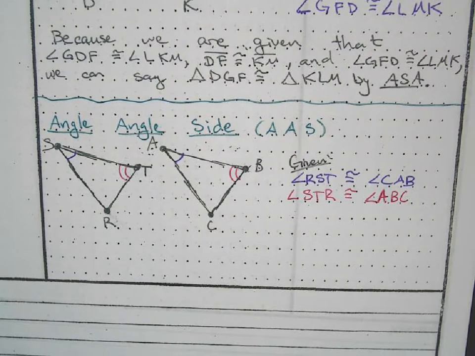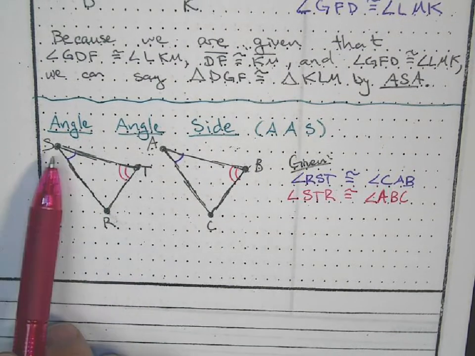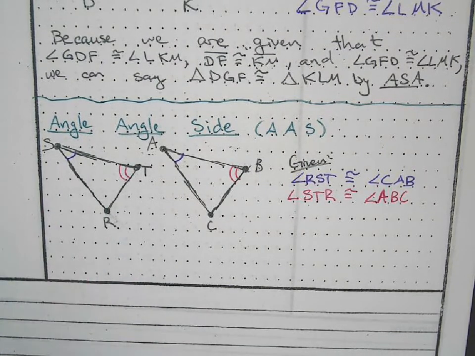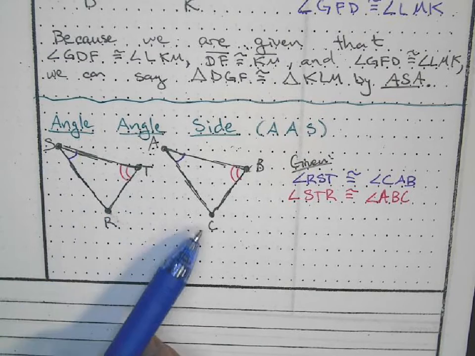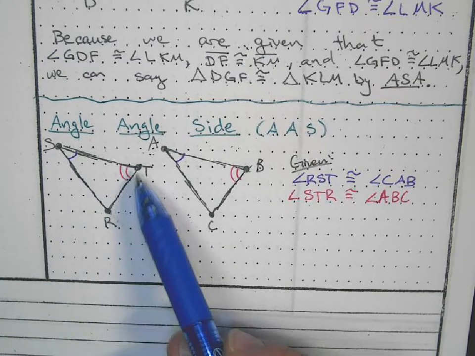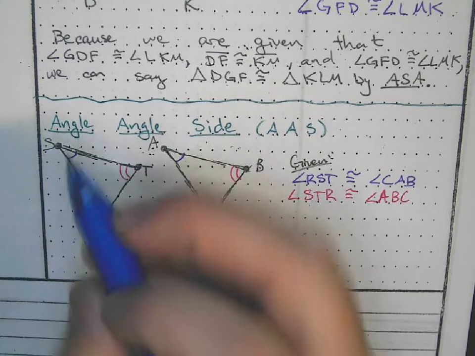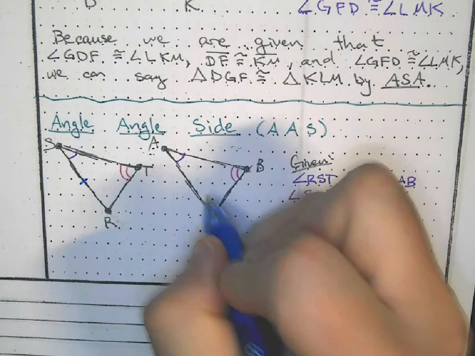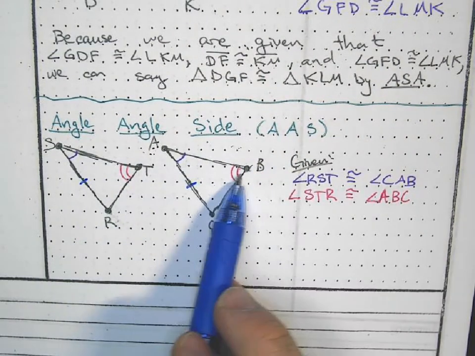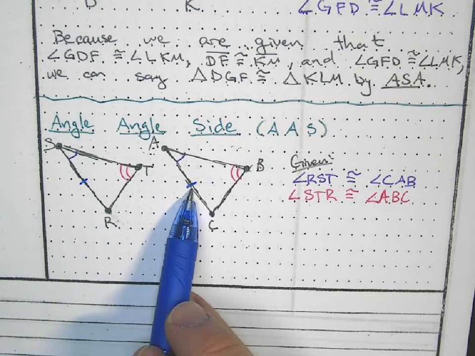And now we just need a side that is not in between. So we're looking for, if we're given any other side, except for the one that's in between the angles, so if we're given SR and AC, then we can use that, or if we're given RT and BC, both of those would work. So we'll just look at this one, because now I have angle, angle, side.